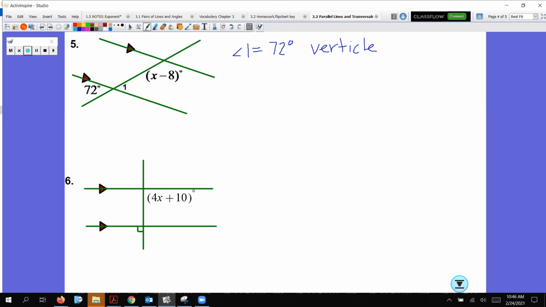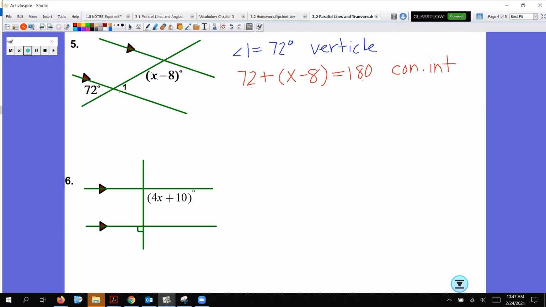Okay, so now remember what I said, that angle 1 and this expression are consecutive interior. That means they add up to be 180. So 72 plus x minus 8 is equal to 180. They are consecutive interior. They are supplementary. That's why we set it equal to 180.